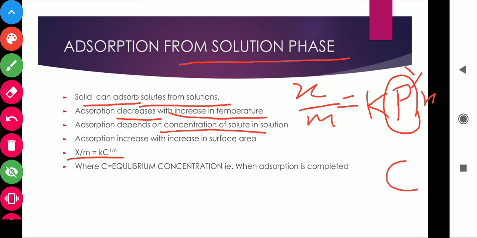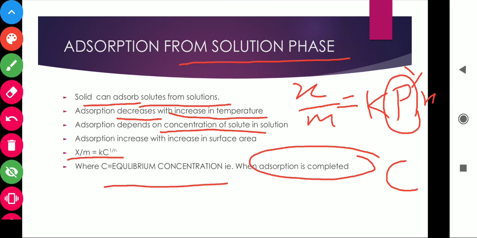x by m is equal to k c to the power 1 by n. Here c is the equilibrium concentration. It means it gives the concentration when adsorption is completed.